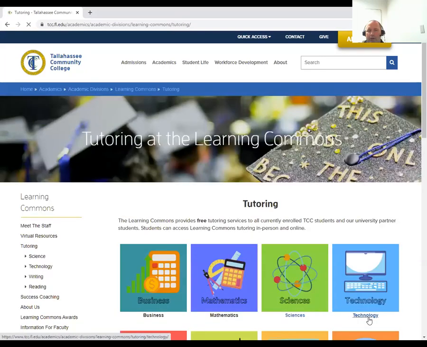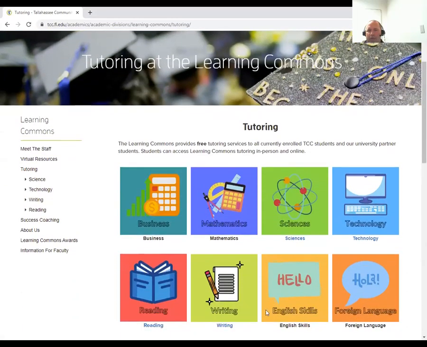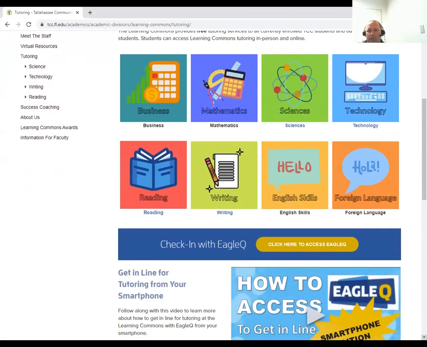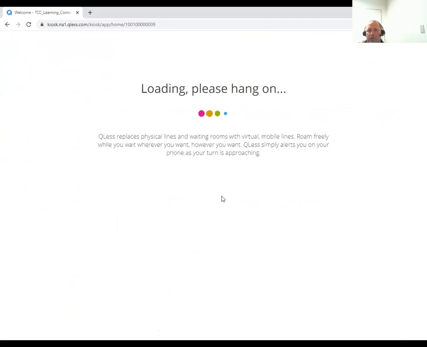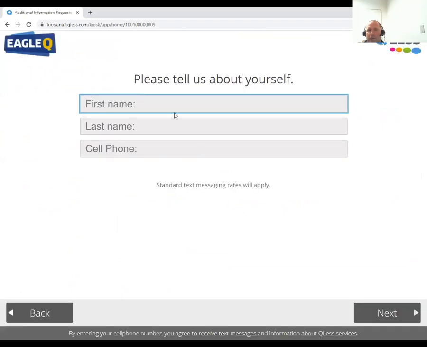If you go to tutoring and you want math tutoring, there are different subjects for tutoring. Regardless of the subject, you just click here to access Eagle Q, and it takes you to a place where you just sign in. Someone will contact you when you sign in, and they'll ask you, are you here at the Learning Commons for face-to-face tutoring, or do you want to be tutored online?